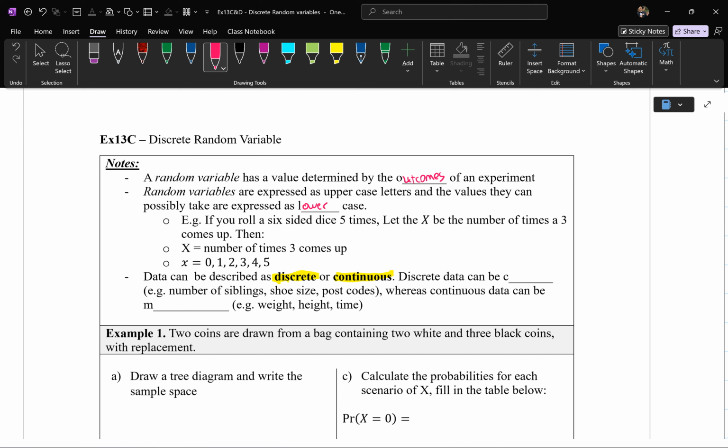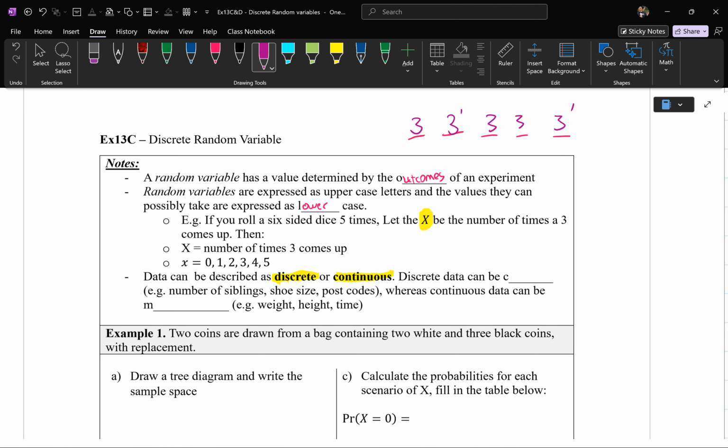So here's an example. If you roll a 6-sided dice 5 times, the possible outcomes I can get for each roll, there are 6 options there. But if I say let capital X, which is the random variable, be the number of times a 3 comes up, then the scenario is this. I either get a 3 on the first go, or I might not, so I can get a 3, not a 3, 3, 3, and then not a 3.